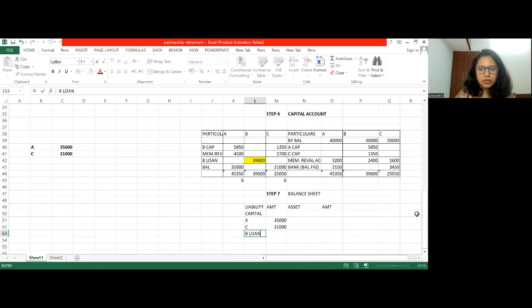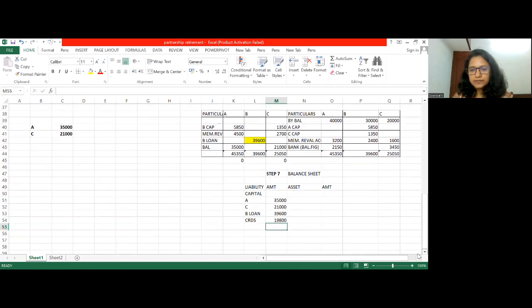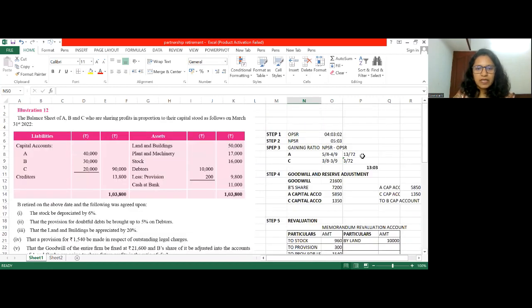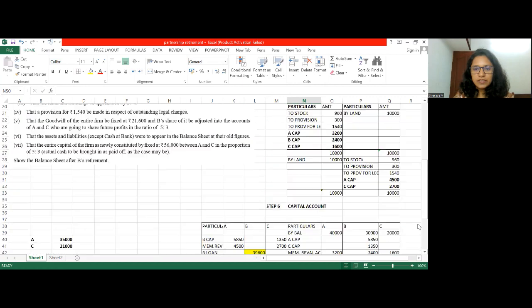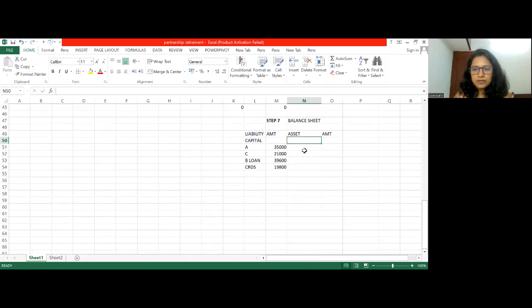B loan 39,600. Creditors 19,800, same as in the question. Then we come to the asset side. Land and building, plant and machinery. So we have land at 50,000.